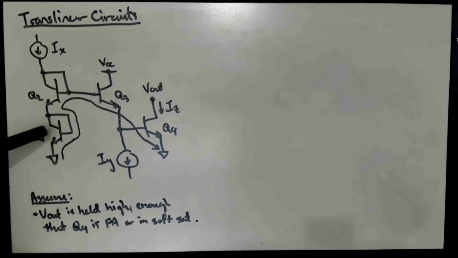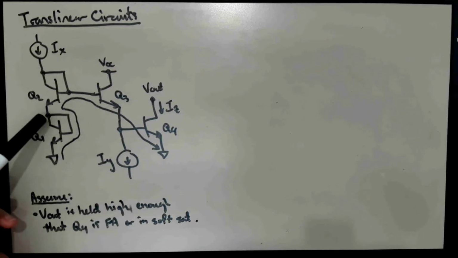Well, we've got Q1 and Q2 diode connected. And so assuming they are carrying a current, the base emitter junction must be forward biased. Because the collector is shorted to the base in the diode connection, the collector base junction is by definition reverse biased, because we've lumped in the VCB equals 0 case as being formally in reverse bias territory.